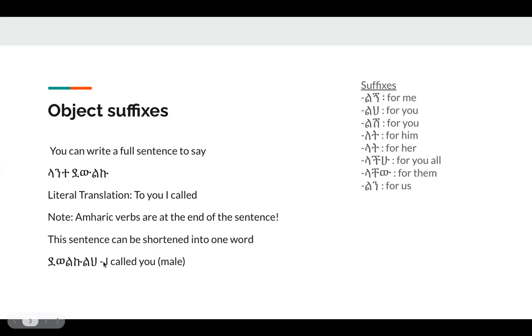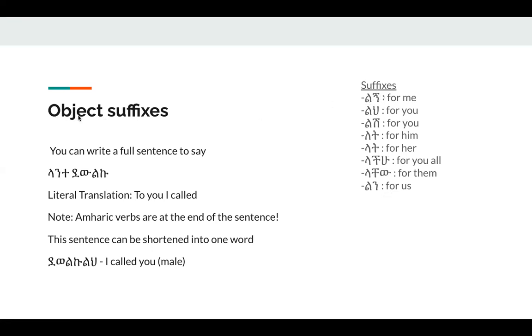So this is I called you, to say you for a male, and also note that, if you understand me up until now, you probably already know that in Amharic the verbs are at the end of the sentence as well. So you guys note at the very end of all of the words, these are the suffixes.